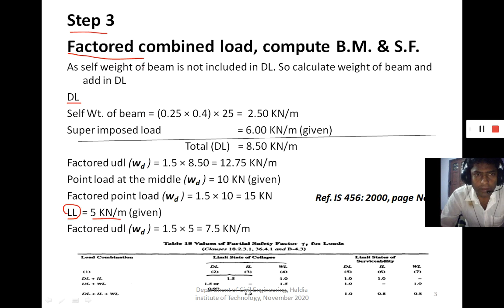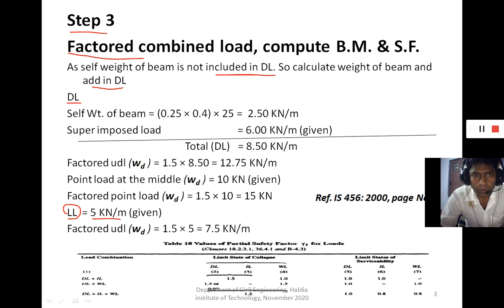As the self weight of beam is not included in dead load, so we calculate the weight of beam and add in dead load. Okay, the weight of beams is not considered in dead load, so the weight of beam you have to calculate and that you add with dead load.